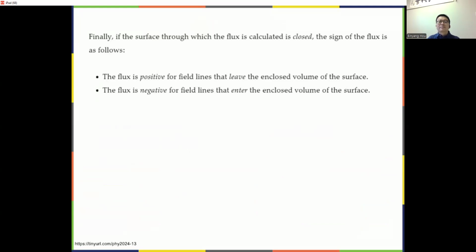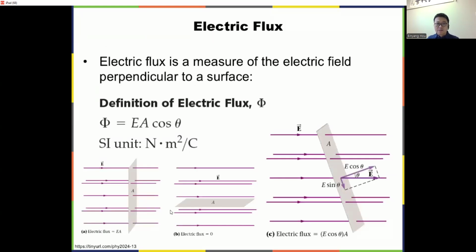Now, a surface has two normal directions, right? In the previous case, there's a front surface and a back surface. If we use the front surface, then the angle is 0.